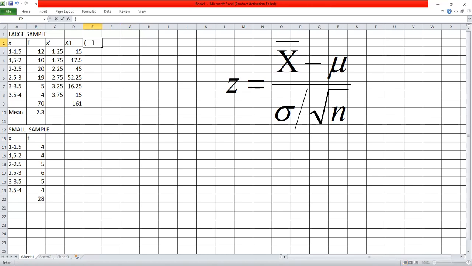Then we get now the standard deviation. Of course, this is X cap minus 2.3, bracket whole squared, times F. Where is F?